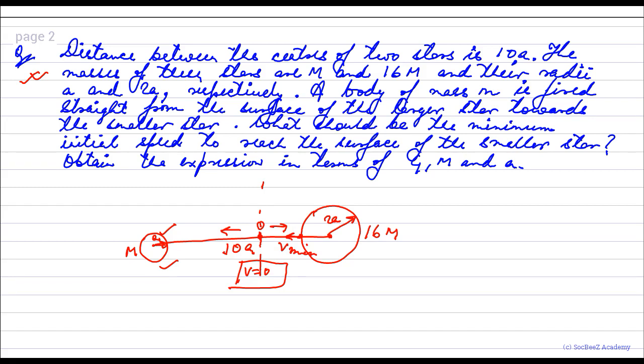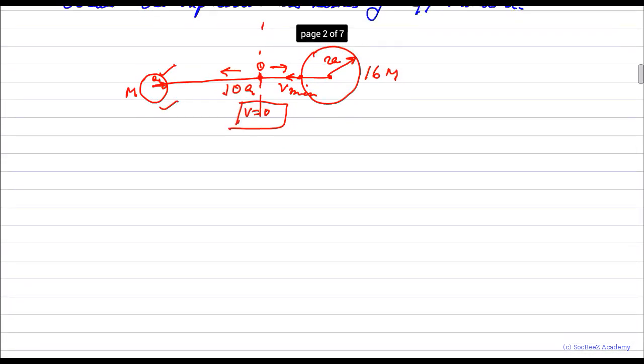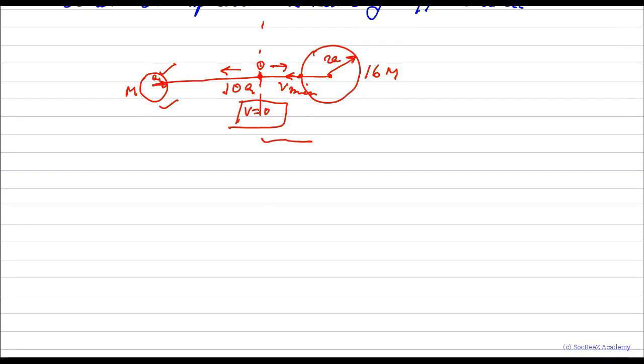Now let me find out the coordinates of this point O. Let's say the distance from the center of the smaller star to this point O is x.